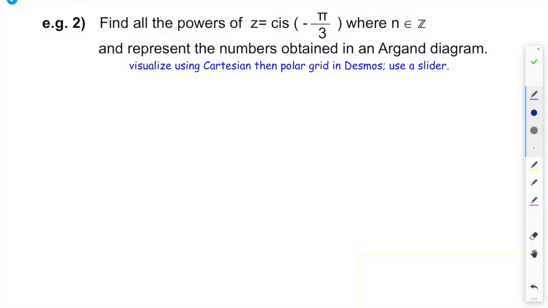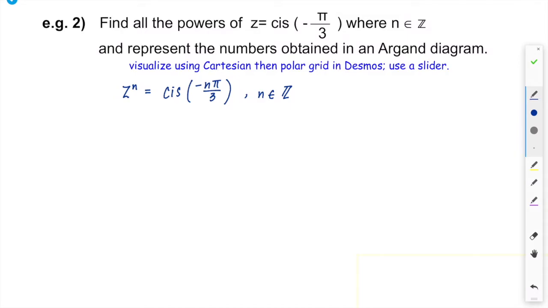So generally speaking, any power z to the power of n can be represented using, well, the modulus here is 1, so 1 to the n is always 1, cis negative n pi over 3. Okay, and then n belongs to the set of integers.